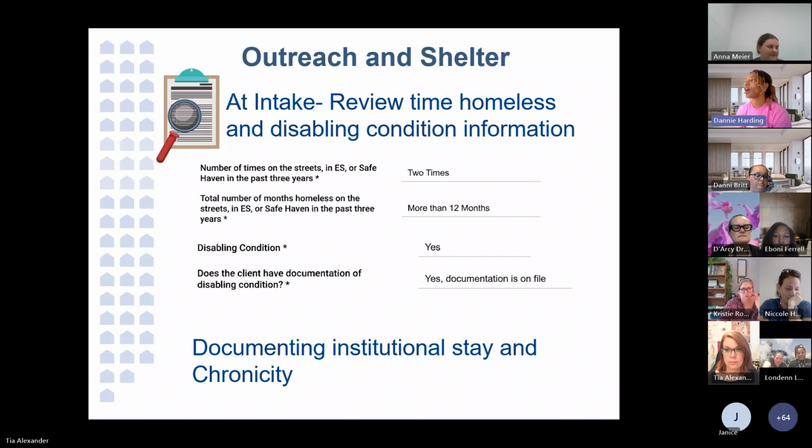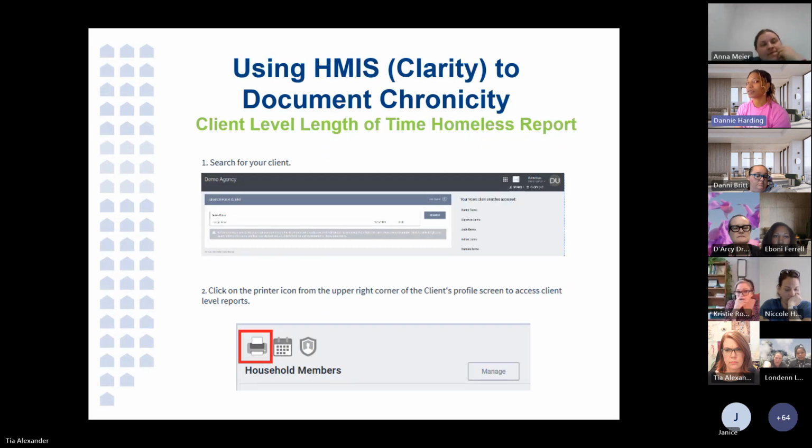Some participants may have all of their months and episodes of homelessness documented in HMIS. In Clarity, a participant's homeless history is found in the CIN-01 verification of homeless report. This is the same report that you use to document that the participant was homeless at intake and move-in. To run this report, start in the participant's profile screen and click the printer icon.